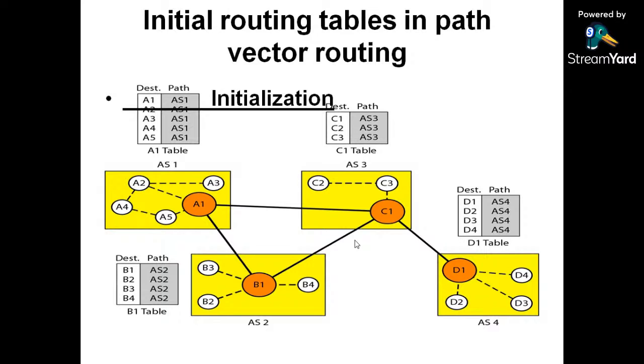Now C1, C2, C3 are the destinations, again with path AS3. The D1 table consists of path AS4 with destinations D1, D2, D3, D4. Now the destinations B1, B2, B3, B4 are for autonomous system 2, so the path is again AS2. So the tables for A1, C1, B1 and D1 are stable. This is the initialization at the start.